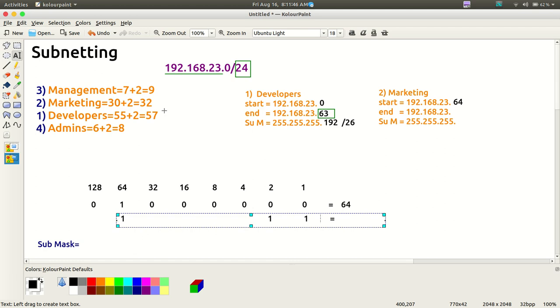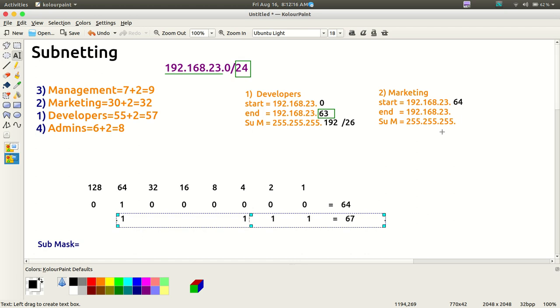The moment I add this bit, 64, this bit is on, plus 2 is 66, and 1 is 67. That gives me a total of 4 IP addresses: 64, 65, 66, and 67. These 4 don't satisfy my requirement, since I need a total of 32 addresses. I'll go one more bit back and add one more bit over here.